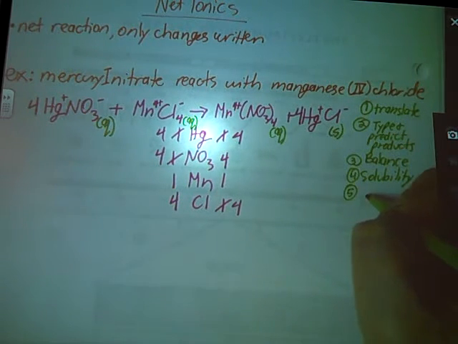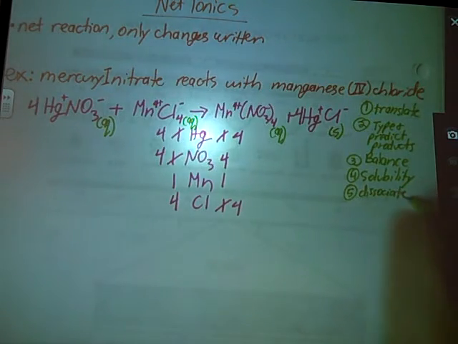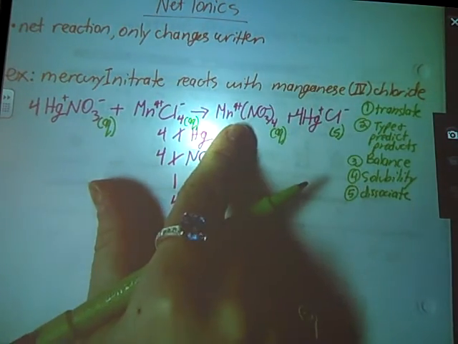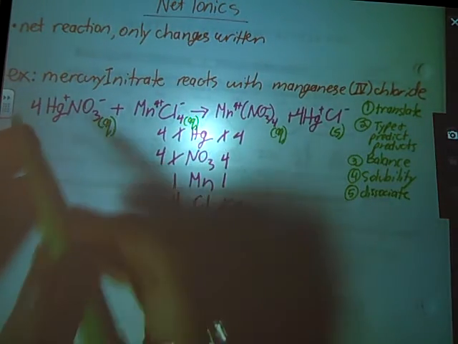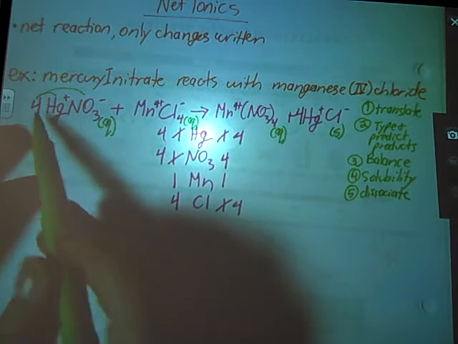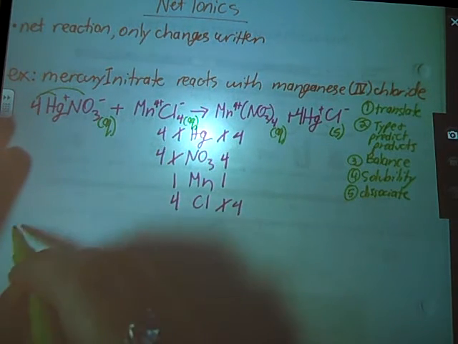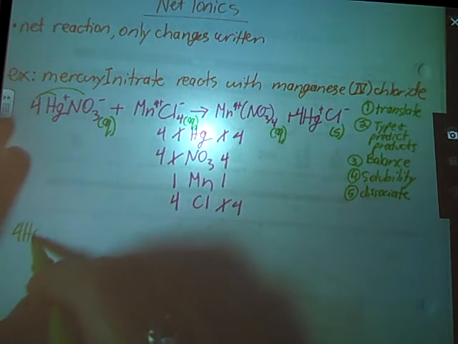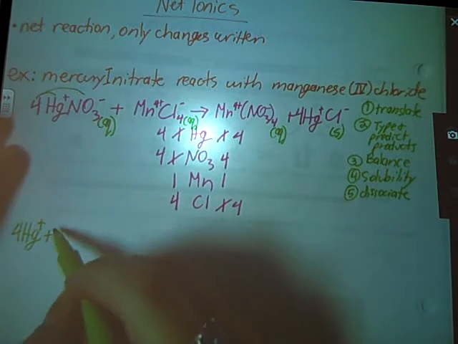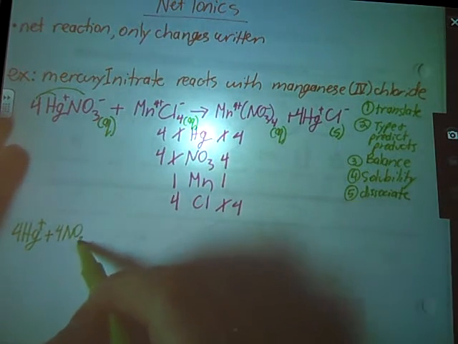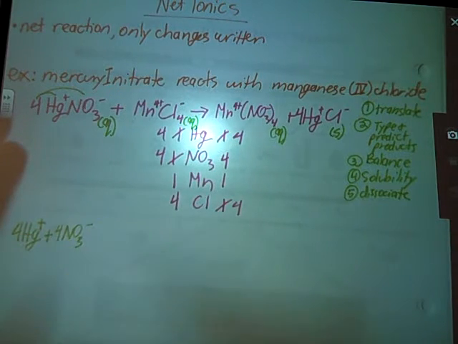So the next thing we're going to do is to dissociate all of our compounds that have that aq behind it. Make sure to carry your coefficients all the way through. So for mercury, since we're breaking them into ions, make sure you include the charges here.